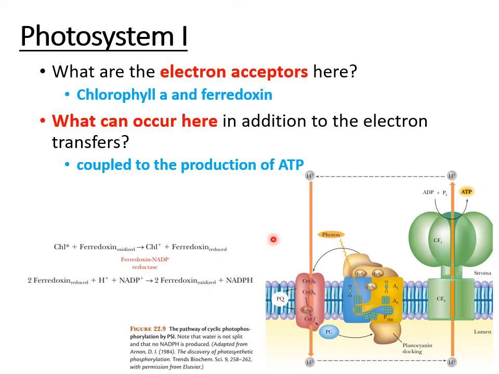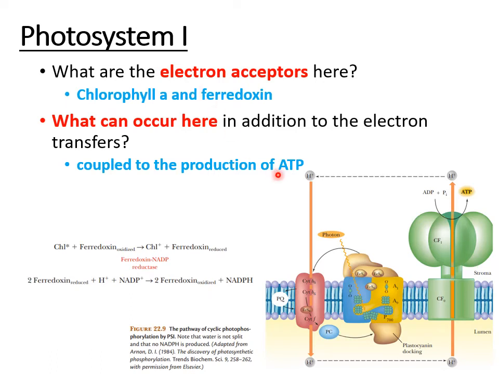The light excites the P700 chlorophyll, gives an electron that's passed to chlorophyll A, and then you get the next electron acceptor being ferredoxin, which is this guy here, an iron sulfur protein that's basically in the membrane of photosystem 1.